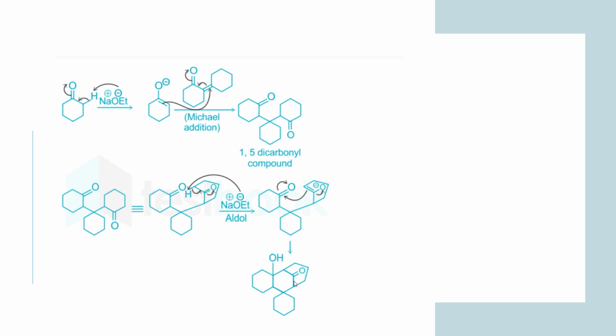It is aldol reaction, simply aldol reaction, not condensation, because we are not going to remove any water molecule at the final step. So let us carry out the aldol reaction, which is going to give us the desired product. For that, when you treat this compound with base, the proton from here will be abstracted.